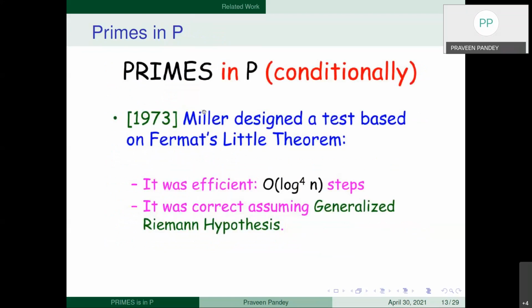In 1973 Miller designed a test based on Fermat's little theorem that we have previously seen. It was efficient, as it required big O of log to the power 4 of n steps, but it relied on an assumption called the Riemann hypothesis. So what was the Riemann hypothesis? Riemann was a student of Gauss. He defined a function called the Riemann zeta function.